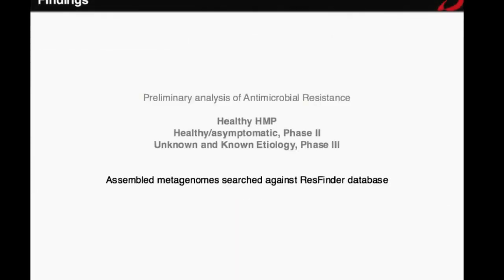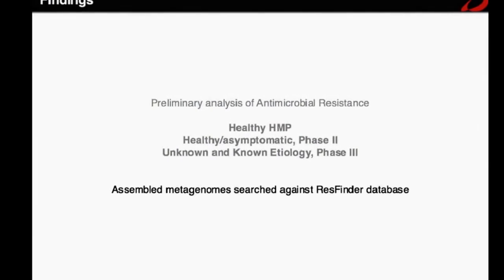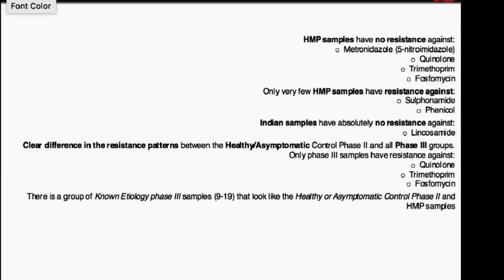The analysis of antimicrobial resistance is also very important, using the assembled metagenomes from the Research Finder database. And we find that the healthy samples, the NIH Human Microbiome Database, show no resistance against these important antibiotics.